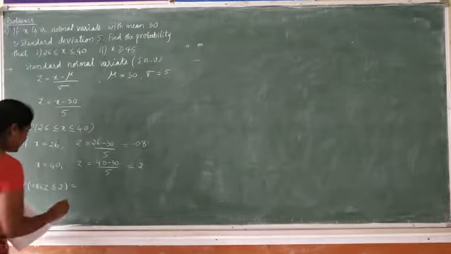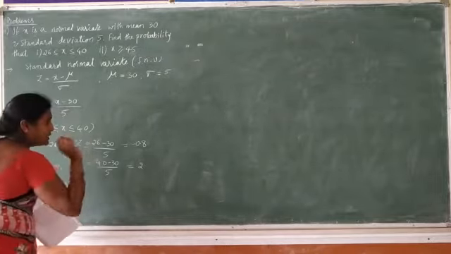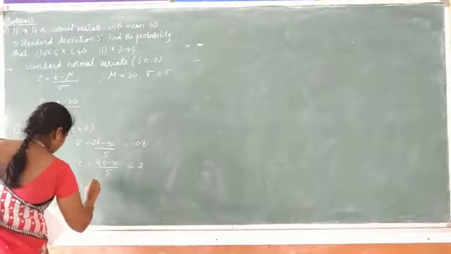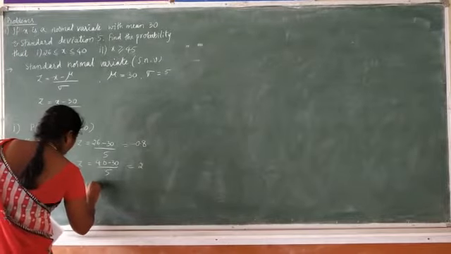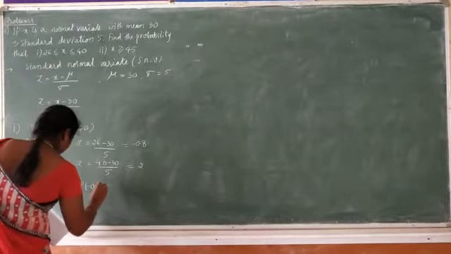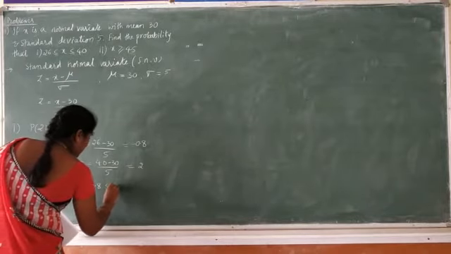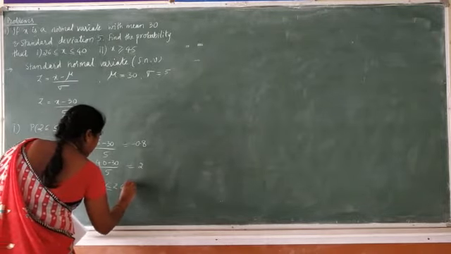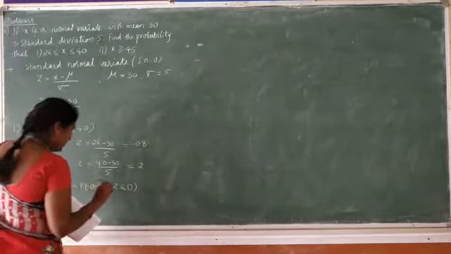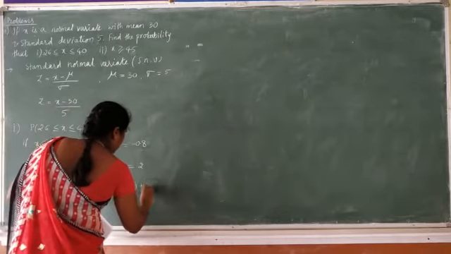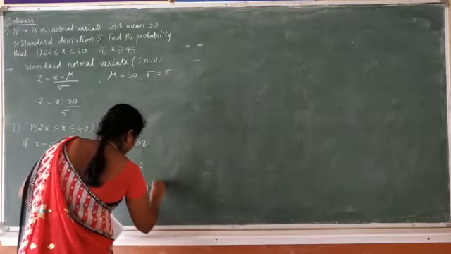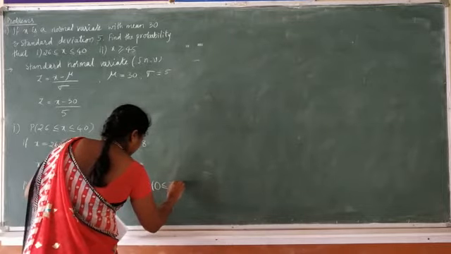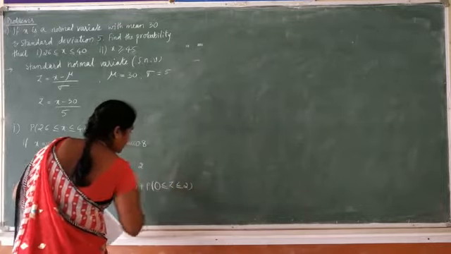Using the standard result, we can split it as P of minus 0.8 less than or equal to z less than or equal to 0, plus P of 0 less than or equal to z less than or equal to 2.